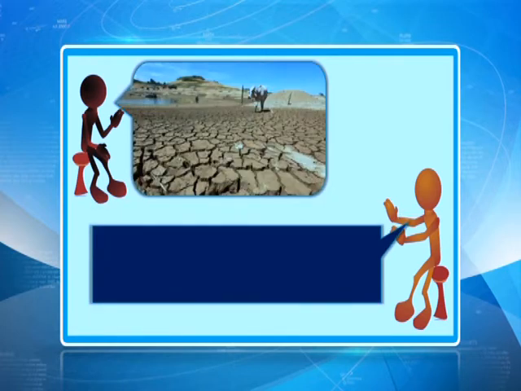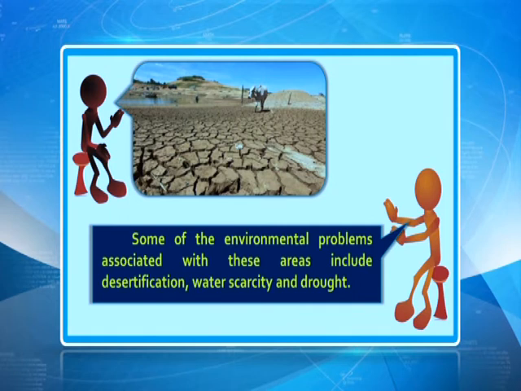Right, now let's move to the last picture. So have a look at it, and let's see how Ahmed is describing such an issue. He says, some of the environmental problems associated with these areas include desertification, water scarcity, and drought. Okay?